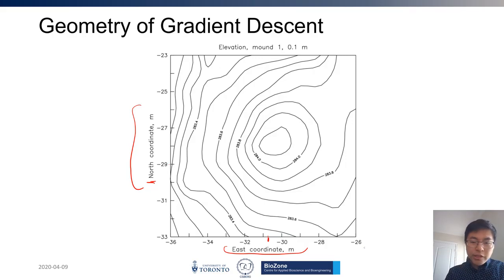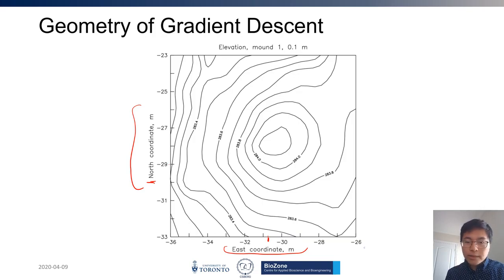But in general, let's say we're looking at a maximization problem. On this terrain, you start with 283 and you end with 284. Visually, that's the local maximum. But the algorithm doesn't know this. The computer can't really see this plot.